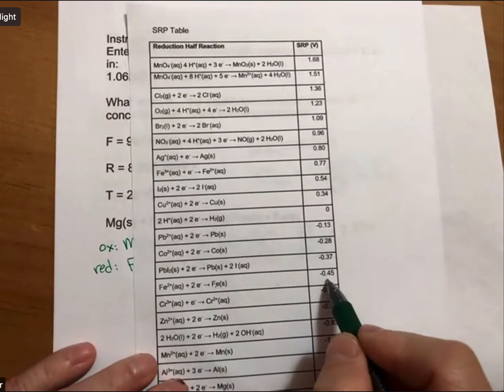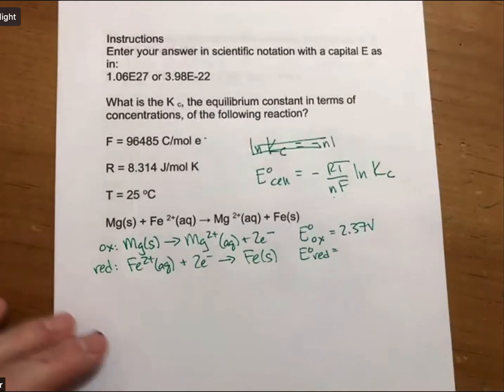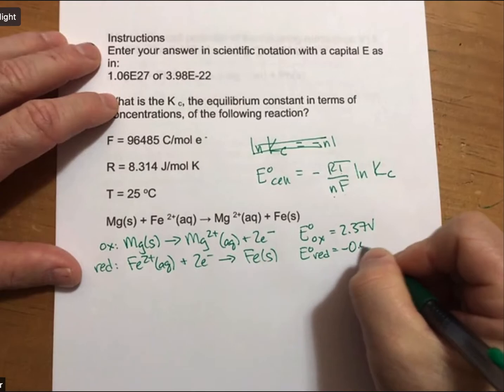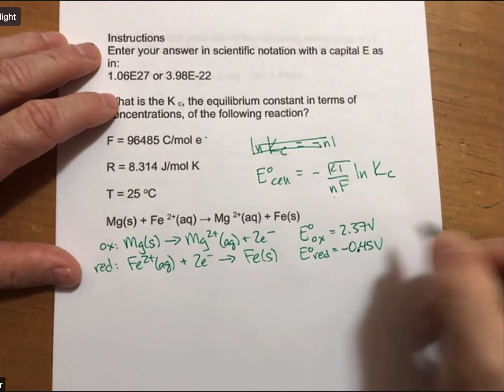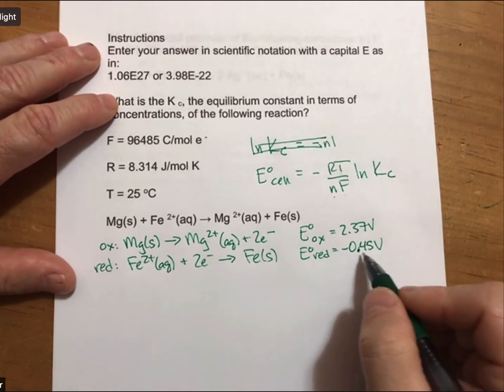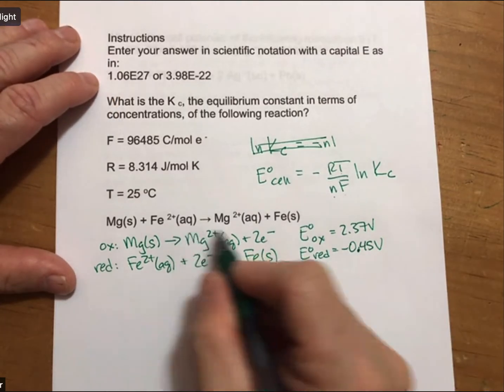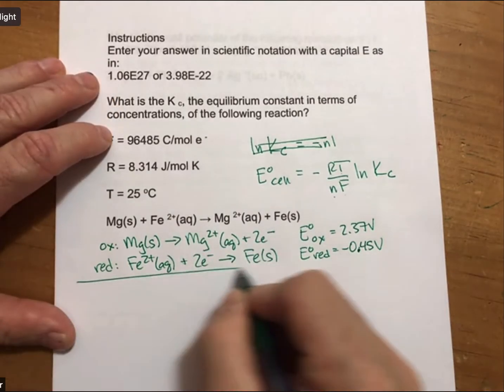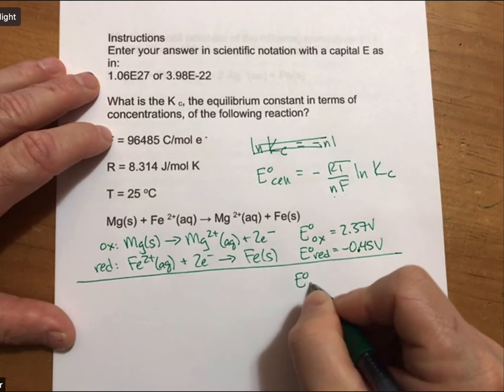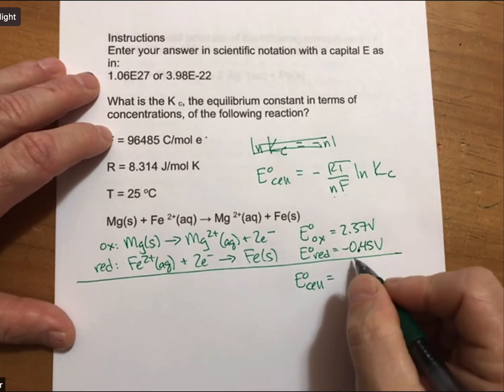Let me go to my table again. This one is minus 0.45. It would be great if we had one that was just plain positive, but we haven't been given that here. Straight add them up.